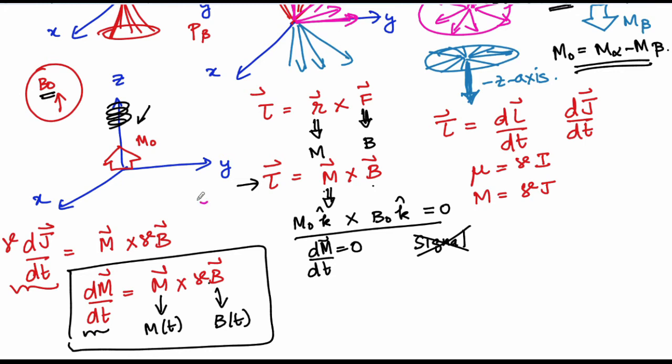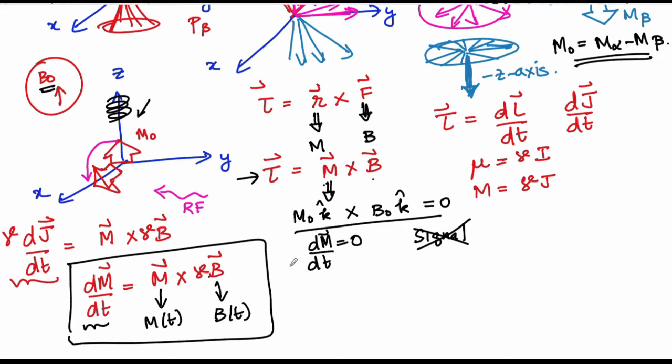When you apply an RF pulse, m0 ends up tipping to the transverse plane. In this case, I'm giving an example where it goes along the x-axis, but it could be along anywhere in the transverse plane. The RF pulse is nothing but another field B that is applied perpendicular to m0.